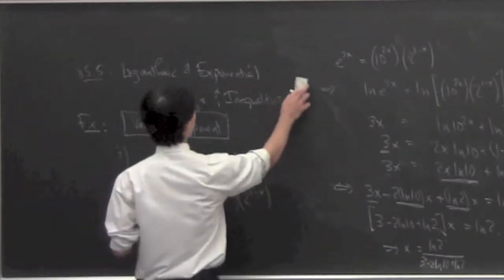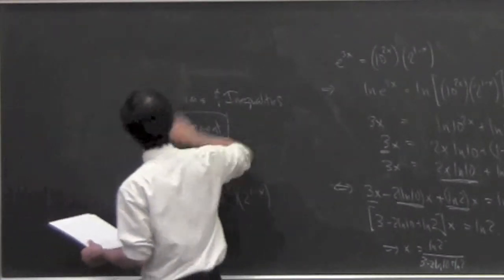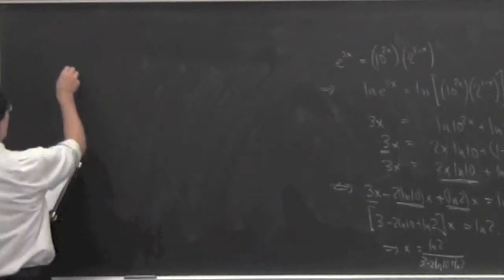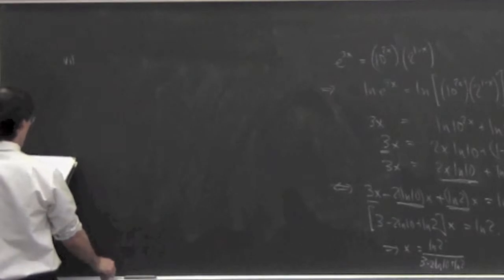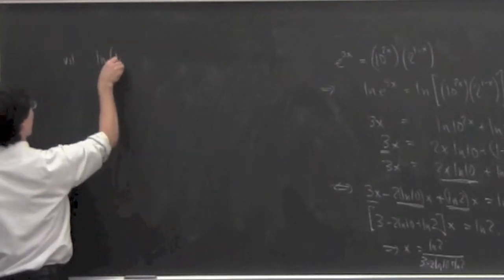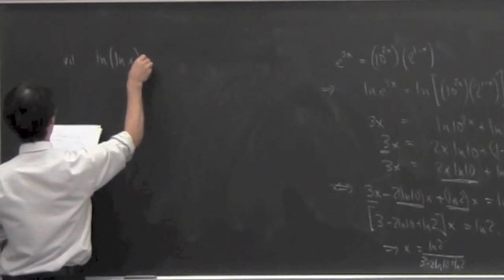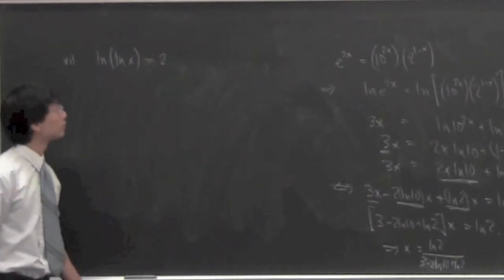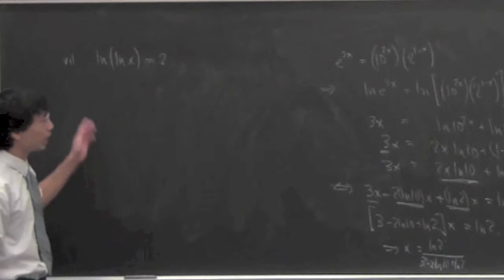Okay, so there are a couple more examples. Maybe we'll do a simple one first. Number 7, natural log of natural log of x is 2. What type is this? This is actually not any of the types.